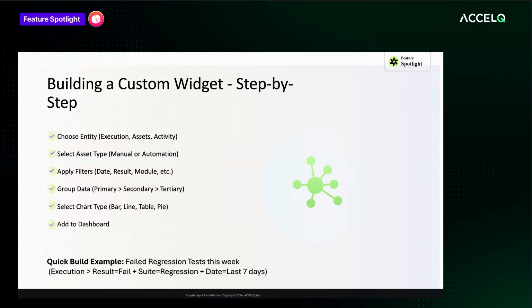And then we have something called grouping. The grouping is at three levels. You start with primary, so the first level of group could be status. The second level of group could be a custom field, let's say priority. And at the third level, you can have maybe created timestamp.